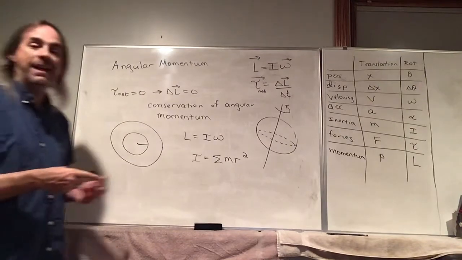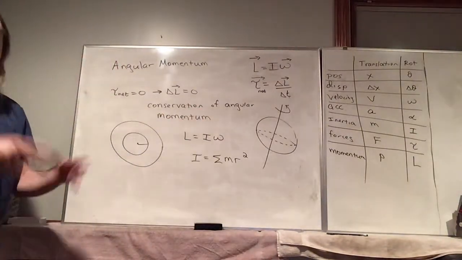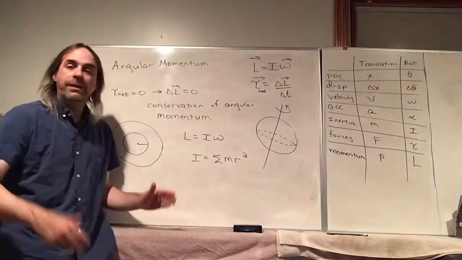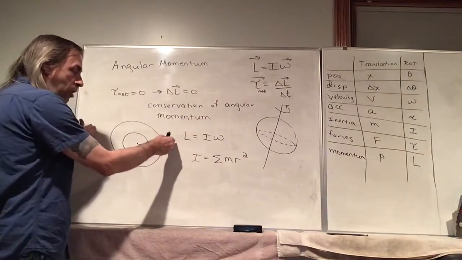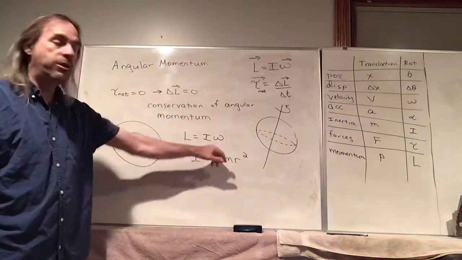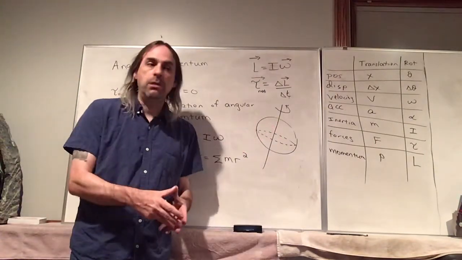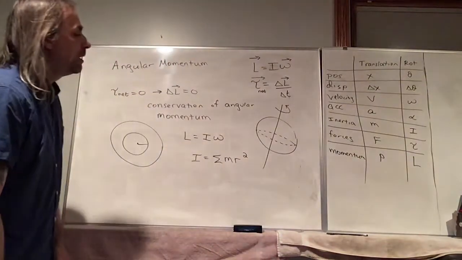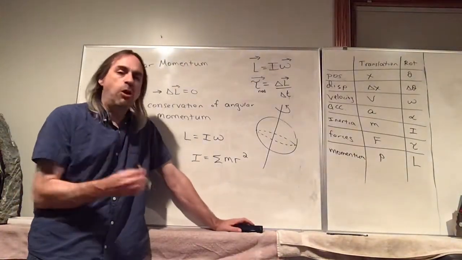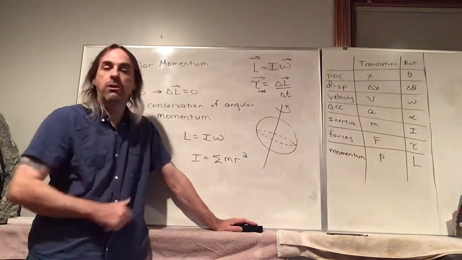And volcanic eruptions move matter outwards to higher altitudes, like all the dust and particles that get shot up into the atmosphere. They're at a farther radius, which would increase the moment of inertia and slow down the rotation of the Earth. Then those particles eventually come back to Earth, and it speeds up again. I've seen a picture that shows very small changes in the length of a day, just due to things moving around.